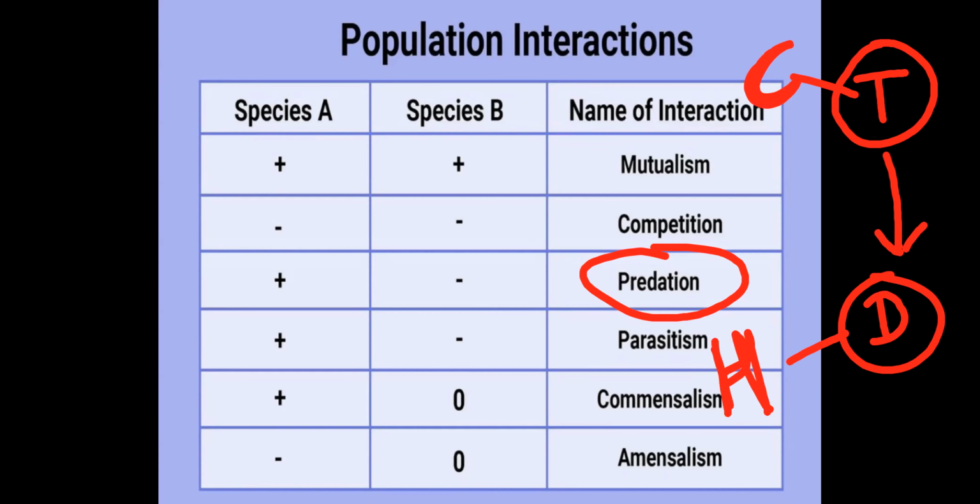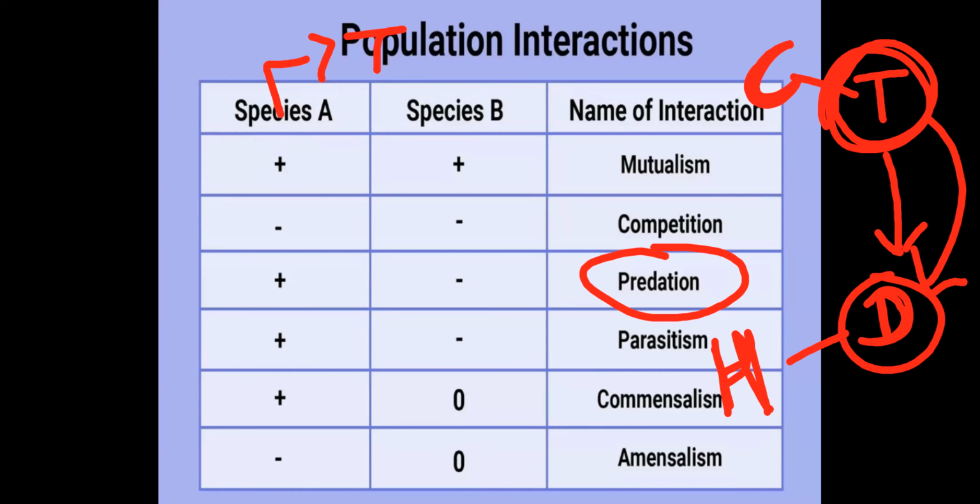So the deer gets no benefit, but the tiger gets the benefit when these two organisms interact with each other, right? So suppose we consider species A the tiger, species B the deer.